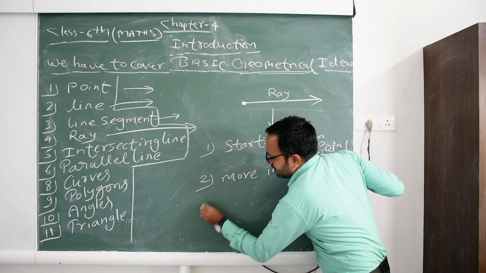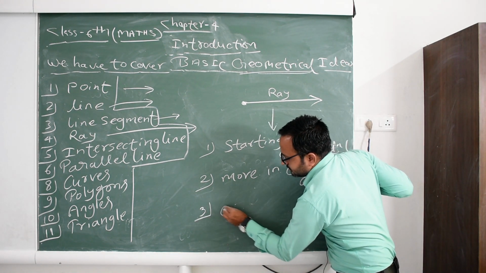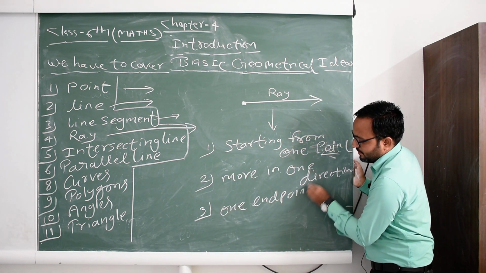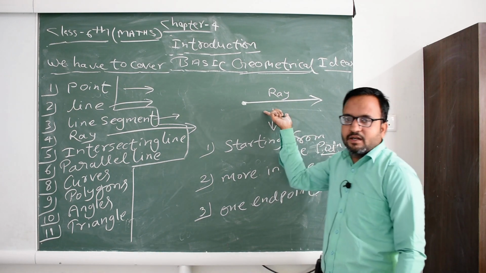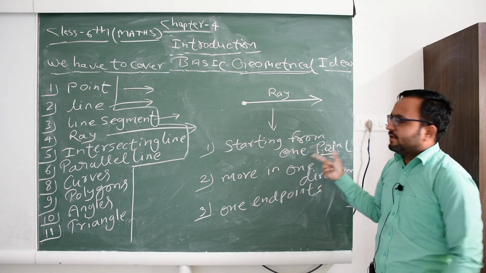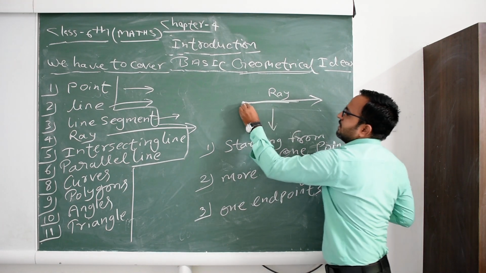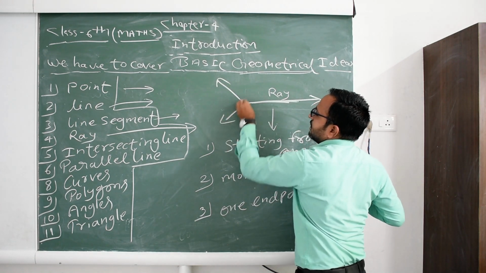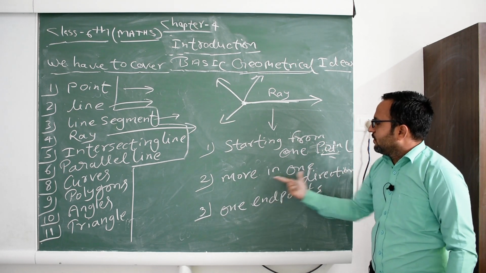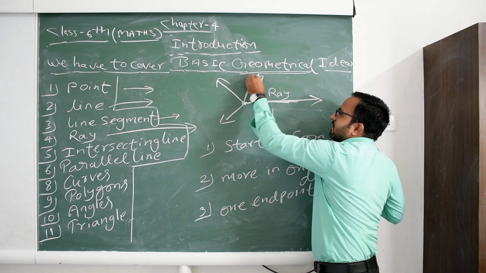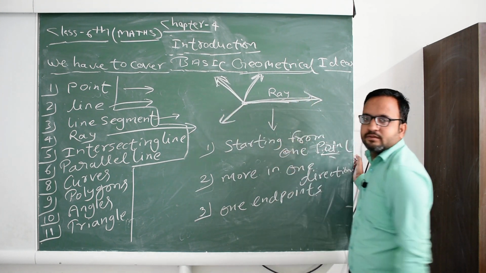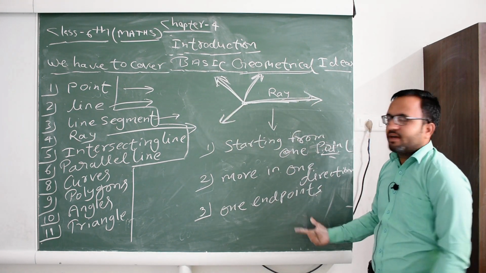Okay, and it has one end point. So I conclude a ray starts from one point, moves in one direction, only a single direction, and has only one end point.